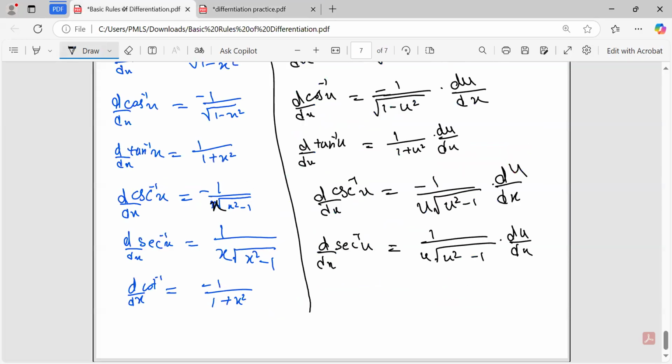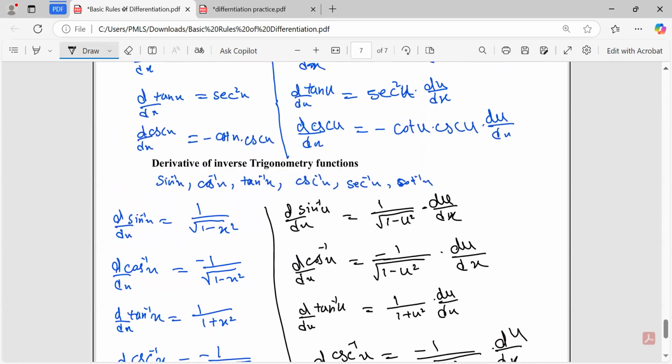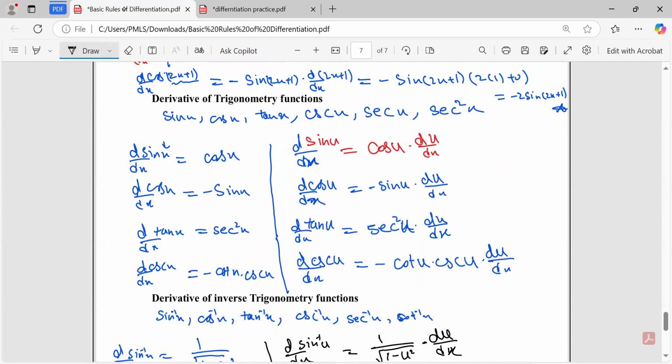In the same way, if you have cosecant inverse, you can do that. Now there is no issue. It will be minus 1 over u times square root of u square minus 1, times du by dx, right? Now, a very important thing to see in trigonometry and inverse trigonometry is that the derivative of every function that starts with c has a negative sign first.